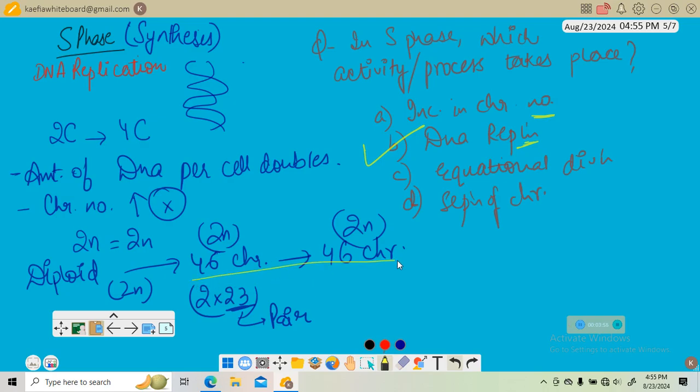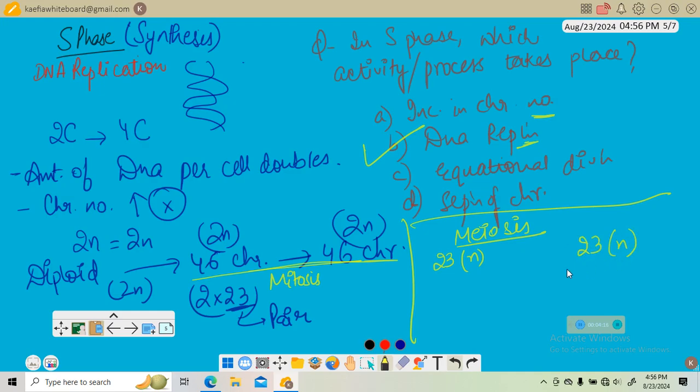Now here we are talking about mitosis. Whereas in meiosis, to tell you the difference, 23 pairs are there, n. If I say 23, that means I am talking about pairs of chromosomes. If I say 46, that means I am talking about the number of chromosomes.